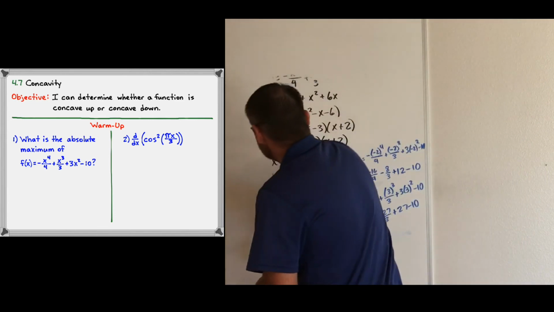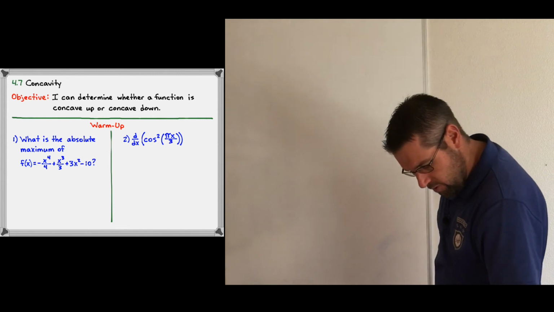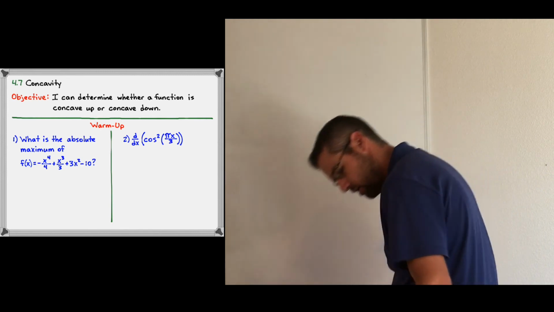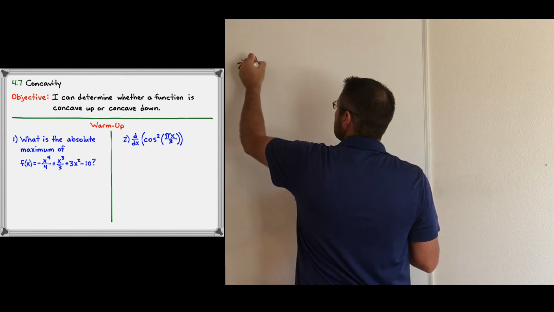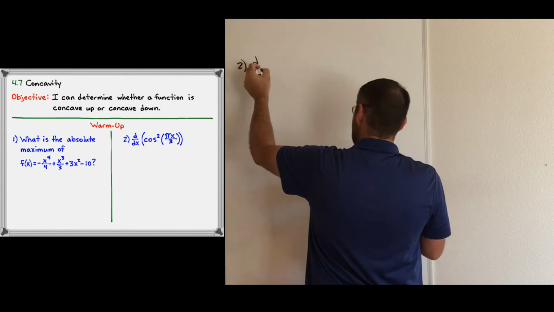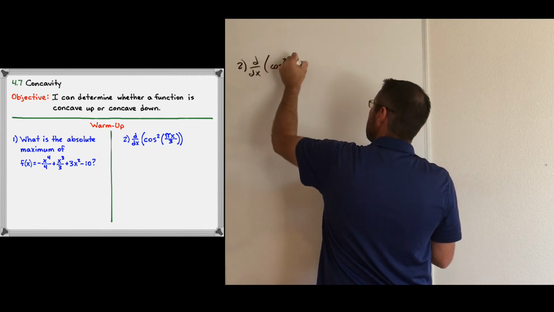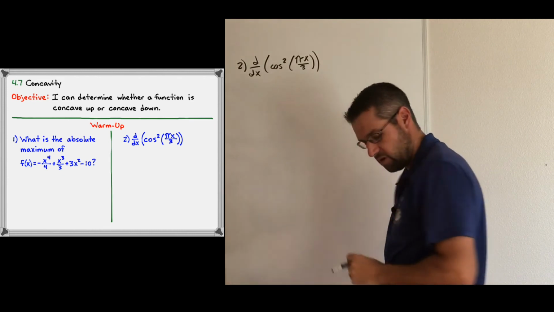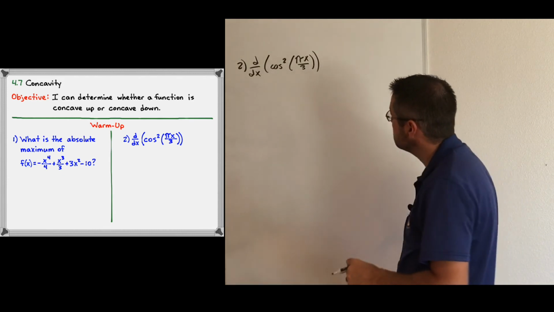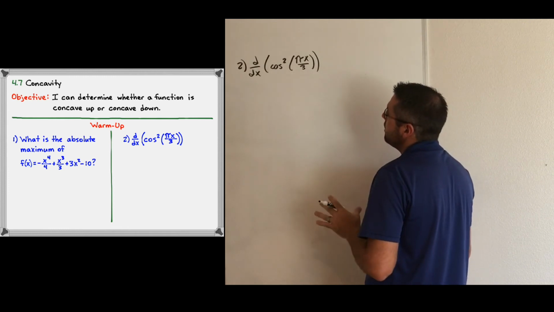For number 2, this is going back a little ways here. We're just looking for the derivative with respect to x of cosine squared of pi x over 3. So we're looking for the derivative of that function there. Well, we see a lot going on here.